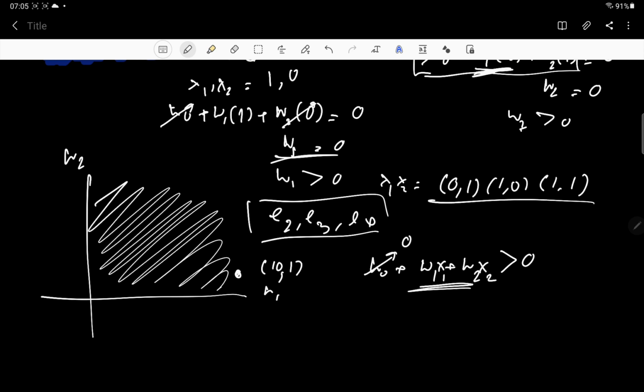So all of them can use the weight in this part, and everything must be greater than 0. So you can imagine that you can pick up just one, pick up the first one.